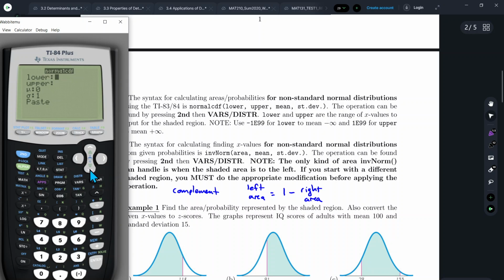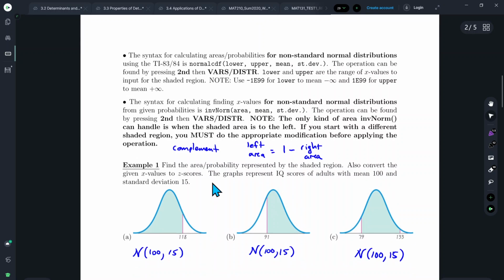For positive infinity, if the shaded region goes all the way to the right, the number would be +1E99.